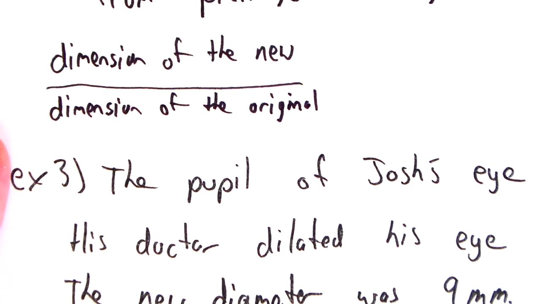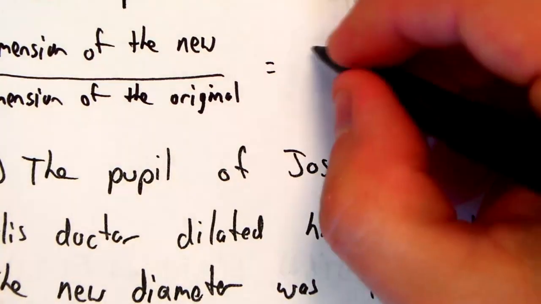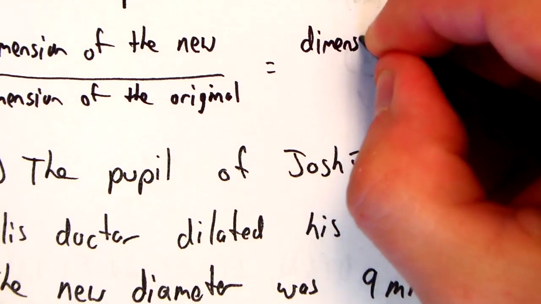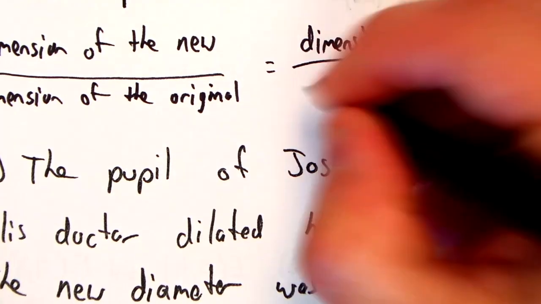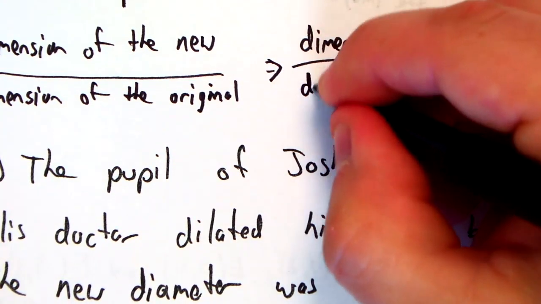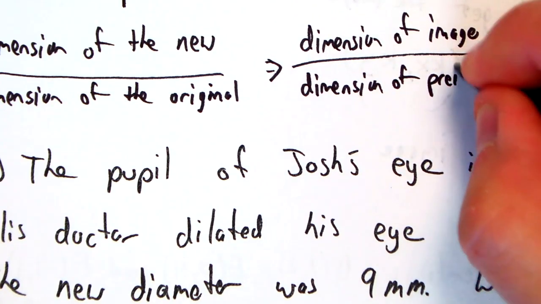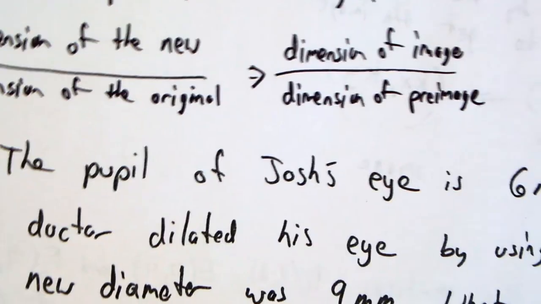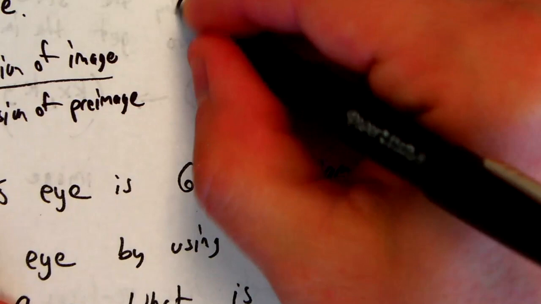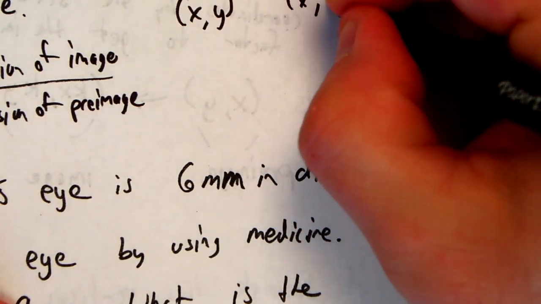When it comes to dealing with scale factor, when it comes to dilations, what we're going to be looking at is a dimension of the image divided by a dimension of the pre-image. Or if we have ordered pairs, we have x and y, we have x prime and y prime.